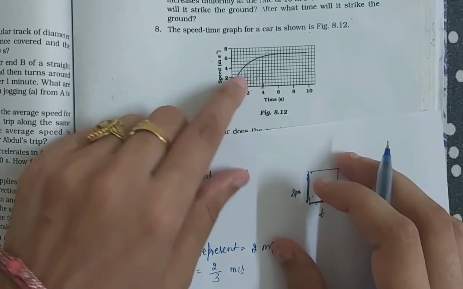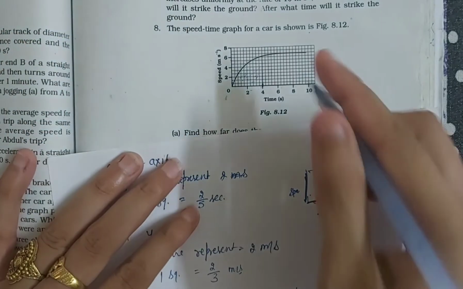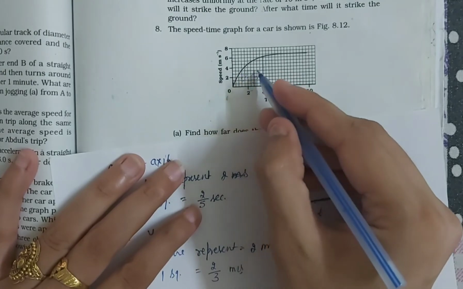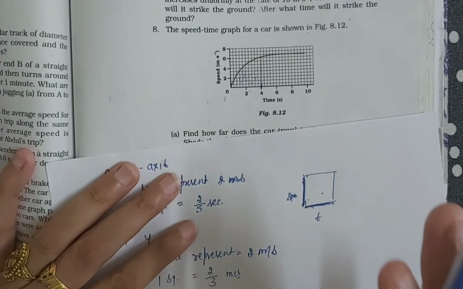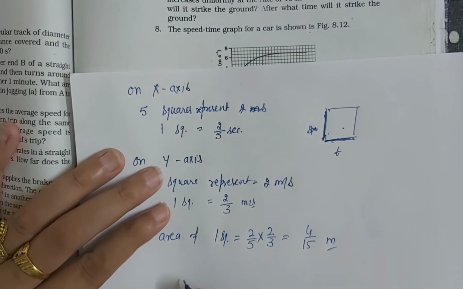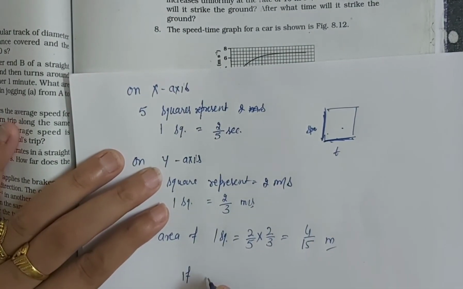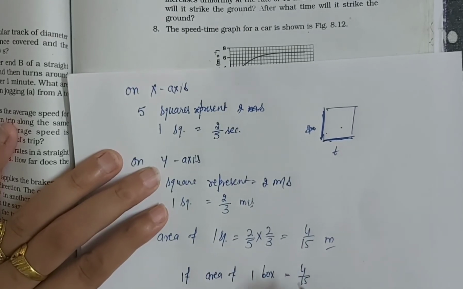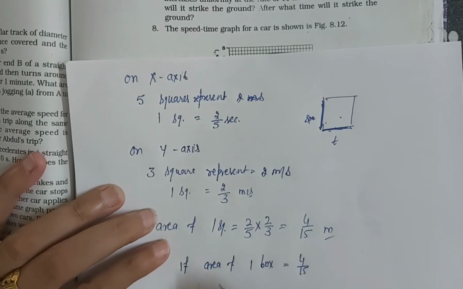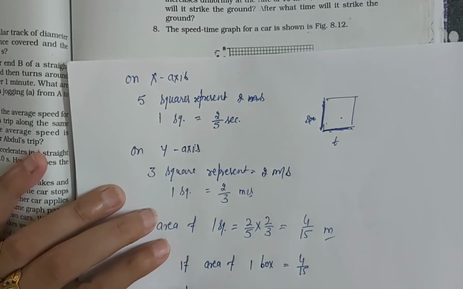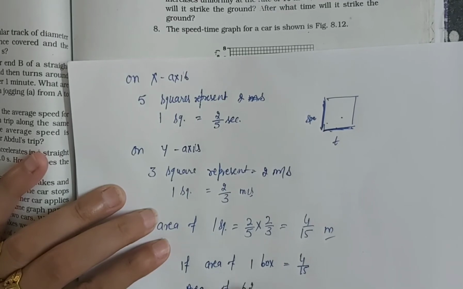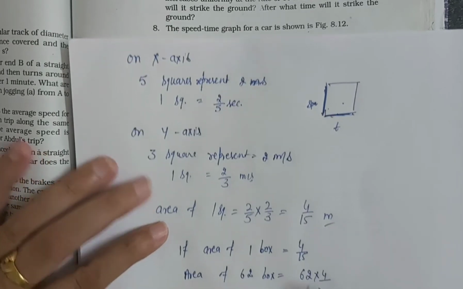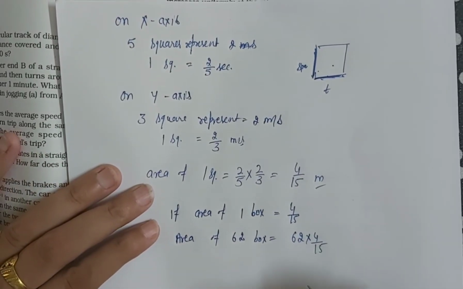If we calculate the boxes, there are 62 boxes present in this area. So from here to here, if we count the boxes, there are a total of 62 boxes. So if the area of one box is equal to 4 divided by 15 meter square, then the area of 62 boxes will be equal to 62 multiplied by 4 divided by 15.